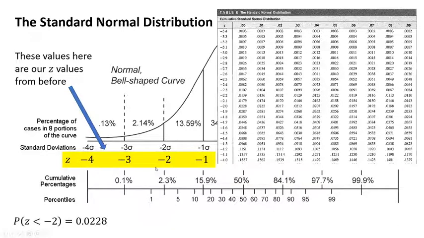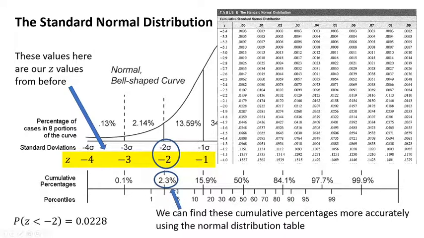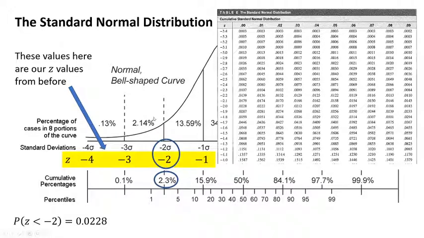z-values from before. Let's see if we can figure out the probability that some data is going to be somewhere in this region, ending at 2 standard deviations below the mean.